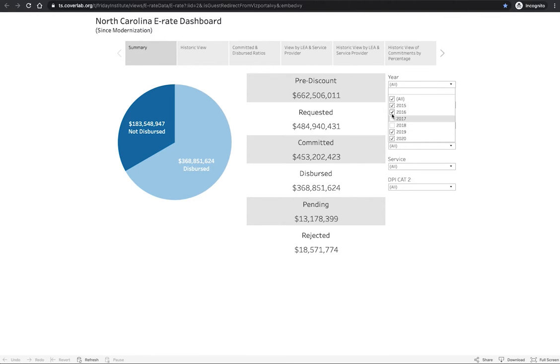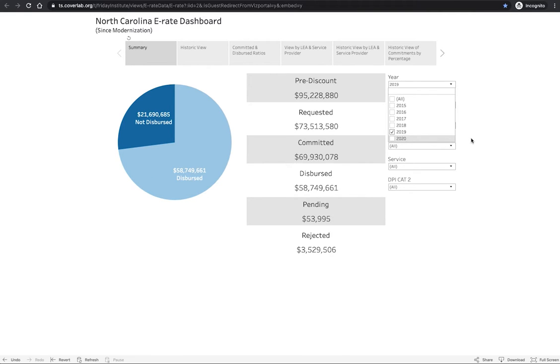Let's go just to a 1 year though, and explore the data for just 2019, which was the most recent year where pretty much everything is closed out for that year. We had $95 million in total cost and $73 million requested and $69 million committed.